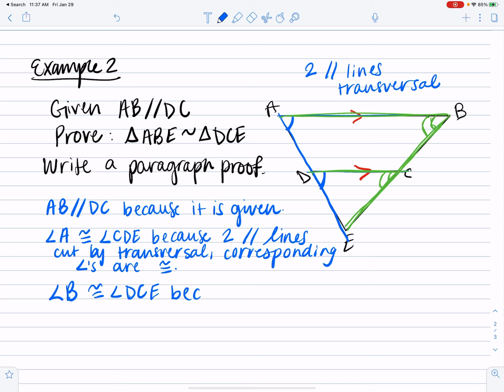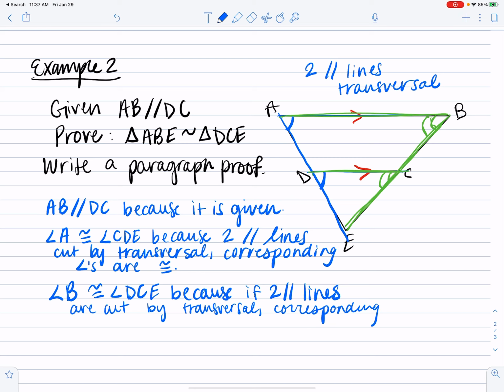So we have to specify which angle we're talking about. And then we have to write the same thing, because if two parallel lines are cut by a transversal, same thing, they're corresponding, which means they're in the same place relative to each other. Corresponding angles are congruent.